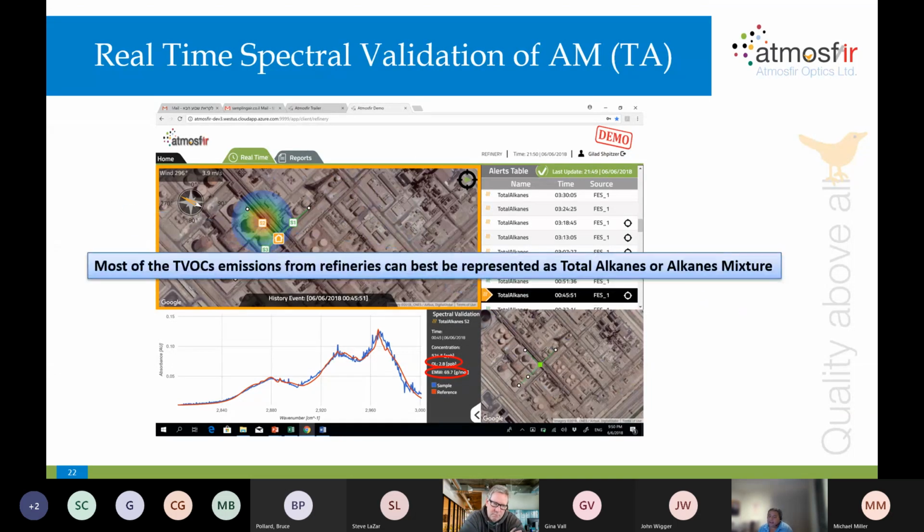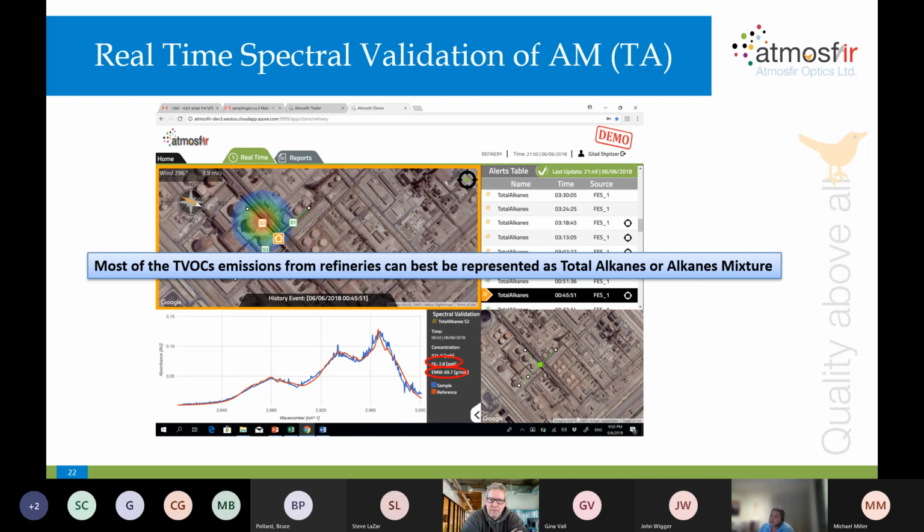If you look at the data going out of the refinery, they report total VOCs in ppb. What is total VOC in ppb? It's meaningless. If you don't have the molecular weight, then you cannot do mass balance, then you cannot do fluxes, and actually telling ppb in total alkane is meaningless.